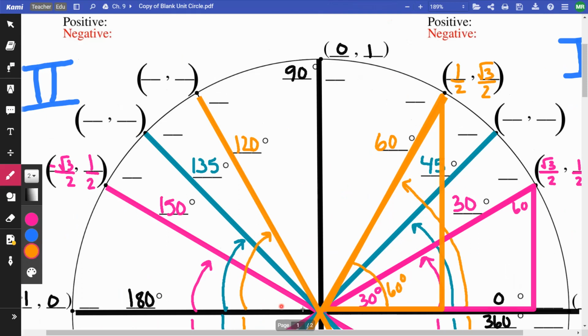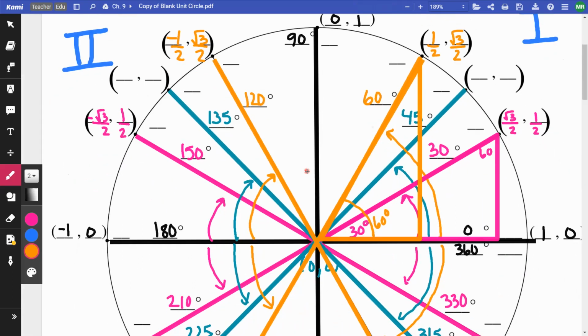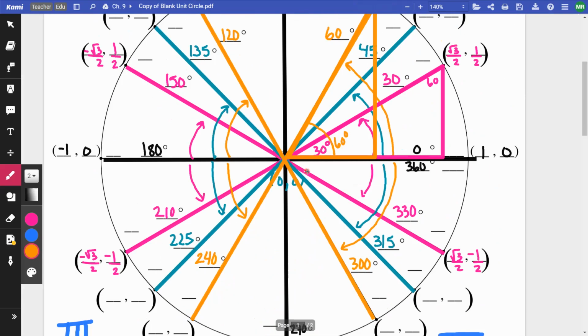In this quadrant, it's going to be negative, comma, positive. So it's going to be a negative 1/2 and a positive √3/2. Again, same coordinates as this. It's just I'm in this quadrant, which is negative x, positive y. And I'm going to come down to these.